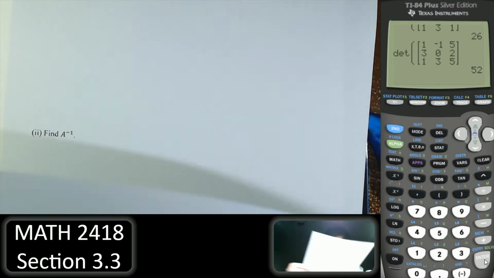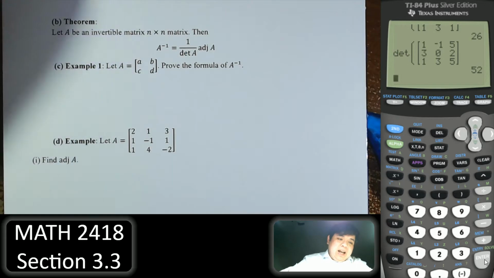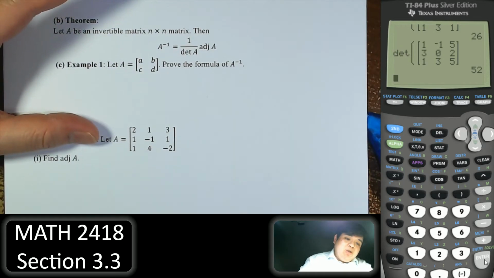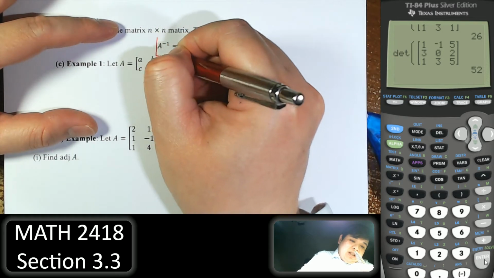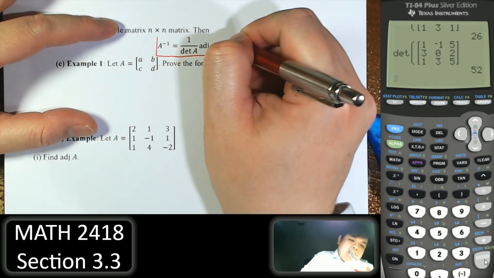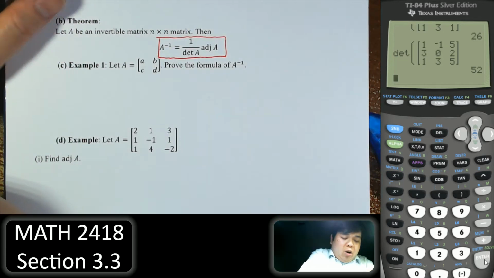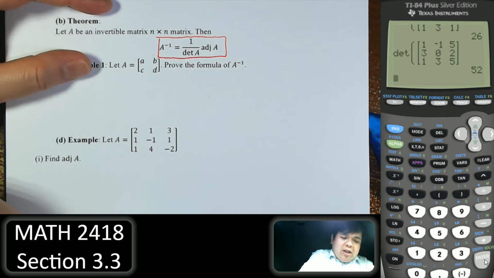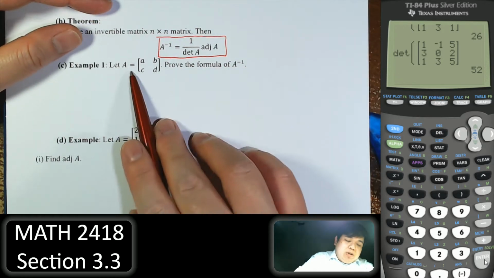Right, now the theorem says that if A is an invertible n by n matrix, then A inverse is given by 1 over the determinant of A times the adjugate of A. First, let's prove the formula for A inverse of a 2 by 2.